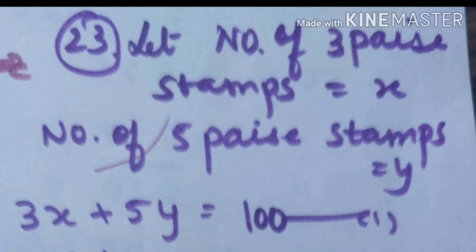So here we let the number of 3 paise stamps be x and the number of 5 paise stamps be y.